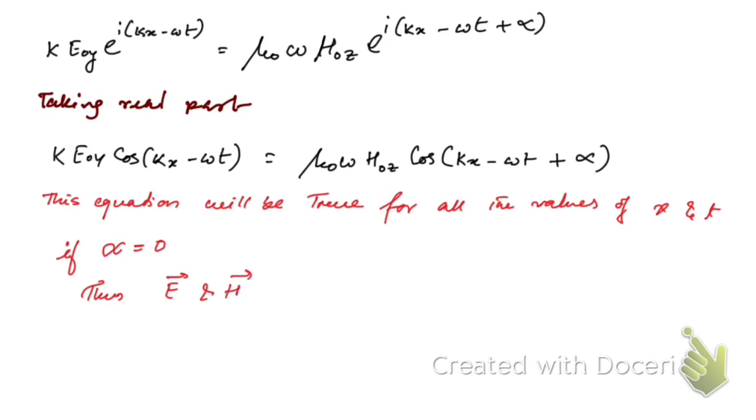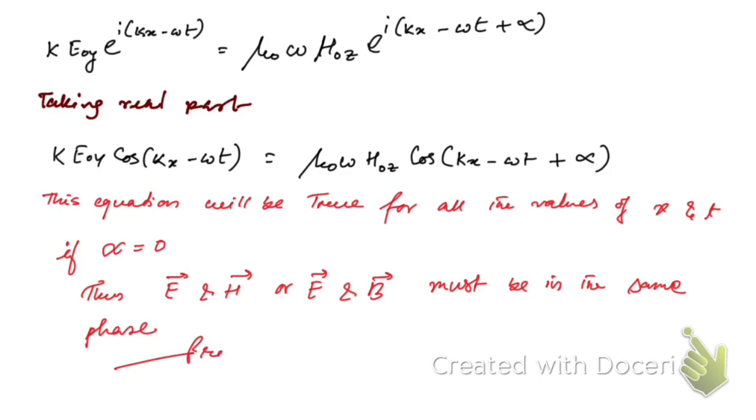If they are in the same phase, then we can also write that E and B must be in the same phase. This is the proof. And again, we are to solve, so these two are in constant ratio.